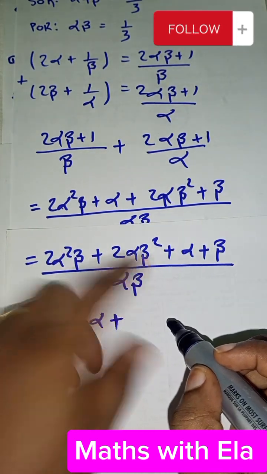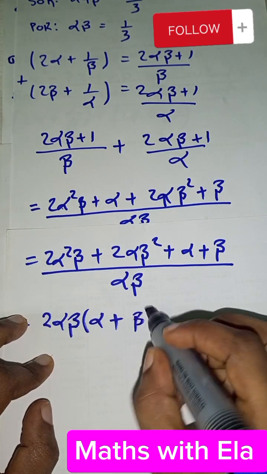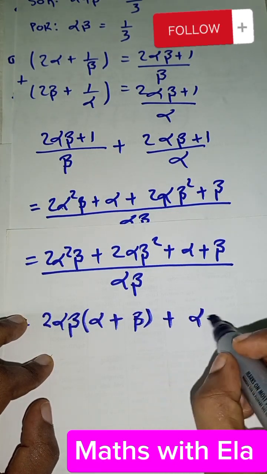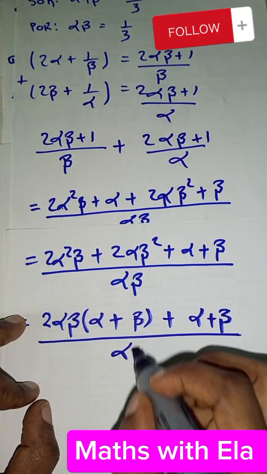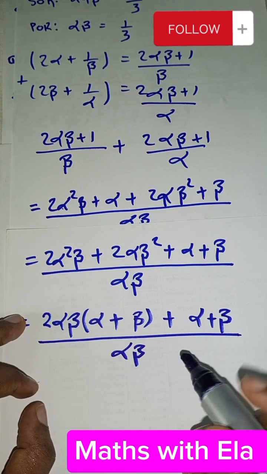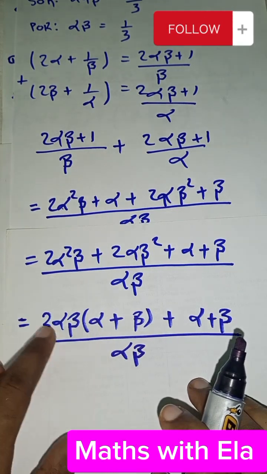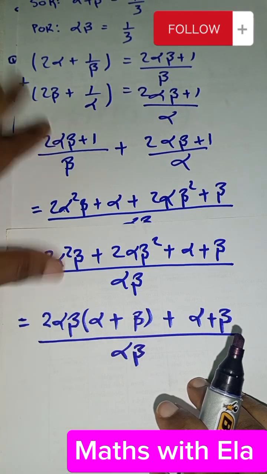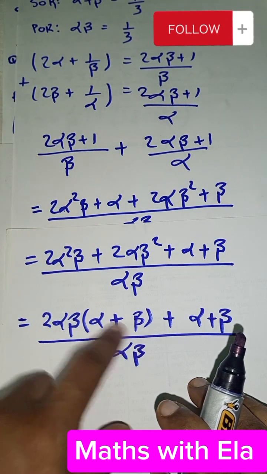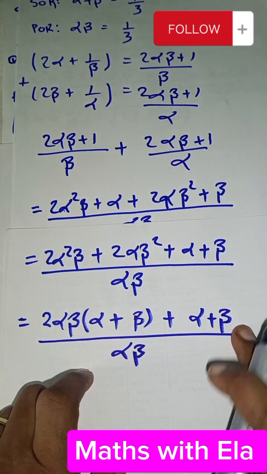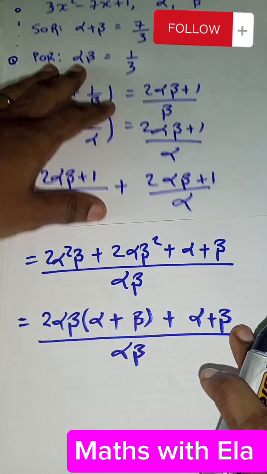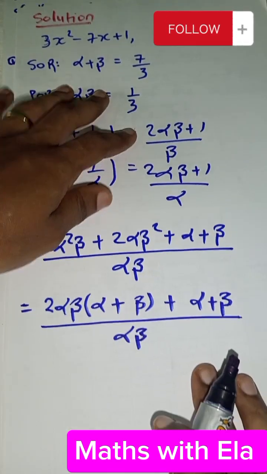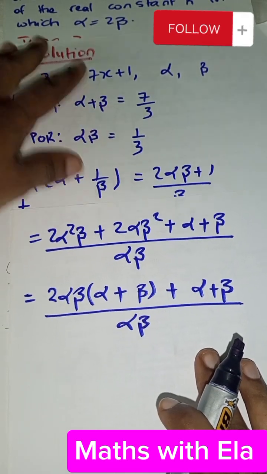Factoring out 2 alpha beta here, we're going to be left with beta plus, of course, alpha plus beta, which we already have there, on alpha beta. So looking at this simplified form of the expression, we have 2 alpha beta into alpha plus beta on alpha beta, and we already have values for all of these, so we just need to plug them in there and then we simplify.